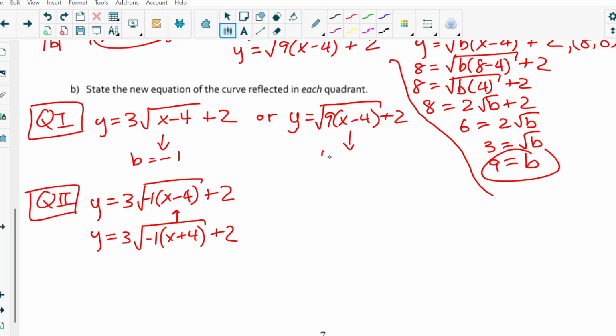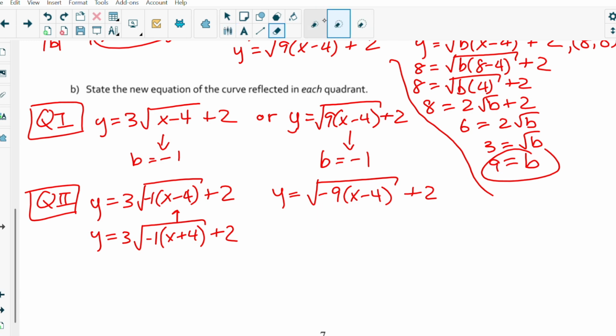For this one, b also needs to be -1. Well, what does that look like? y equals square root of -9 times x minus 4 plus 2. But for the same reasons, if I adjust this, I have to adjust this if I want it in quadrant 2. So meaning I need to adjust the translation.